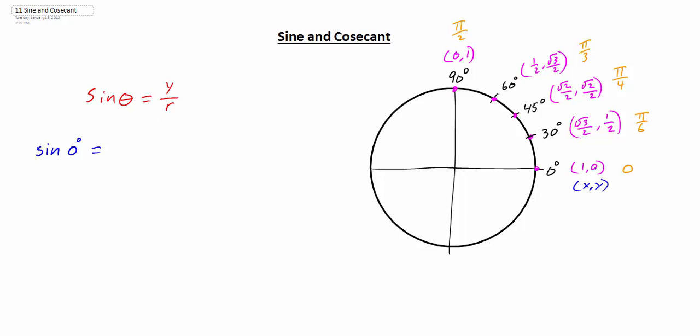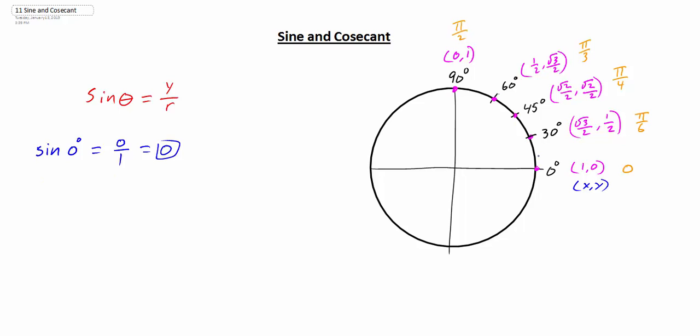The y-coordinate is 0, so we have 0 divided by the radius, which is simply 1, and 0 divided by 1 is simply 0. So the sine of a 0-degree angle is equal to 0.